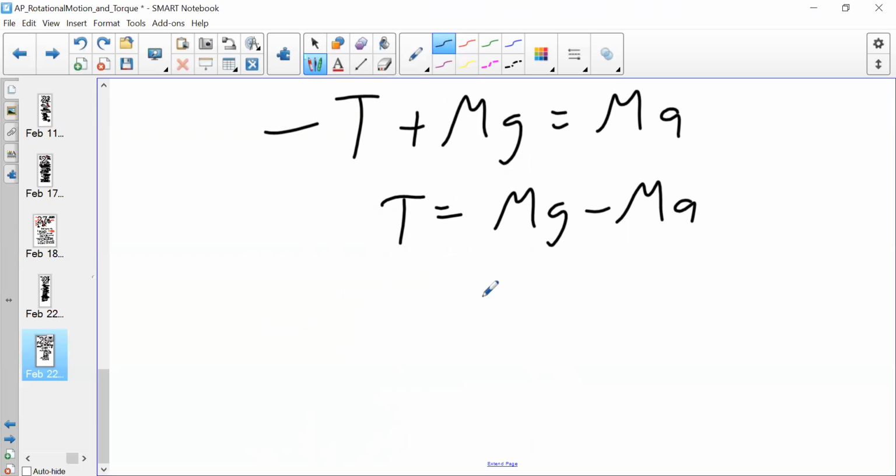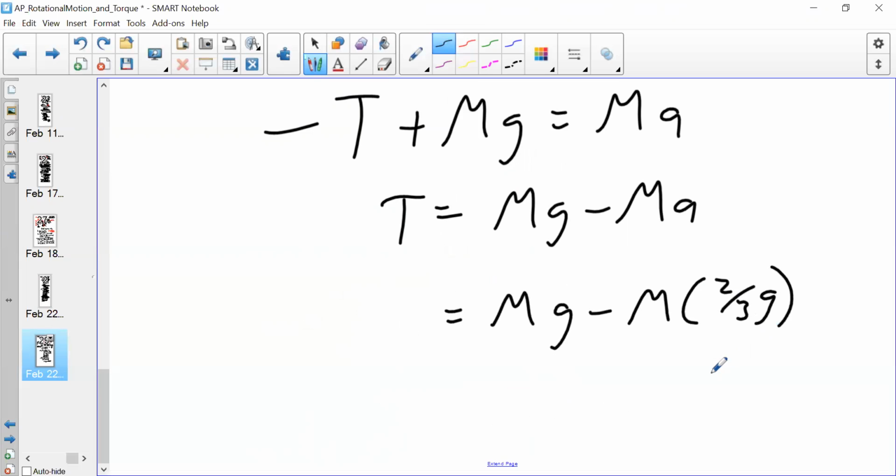That's going to be mg minus 2/3 g. Okay, so that's just g minus 2/3. 1 minus 2/3, 3/3. You see that, so g's cancel out.